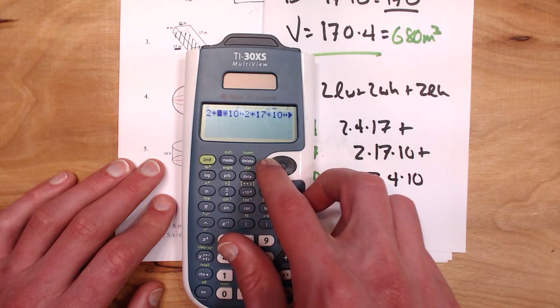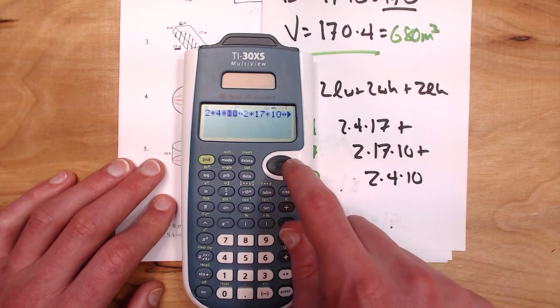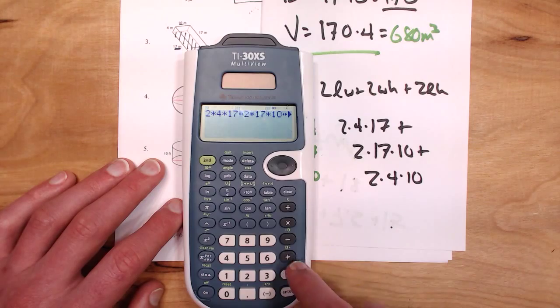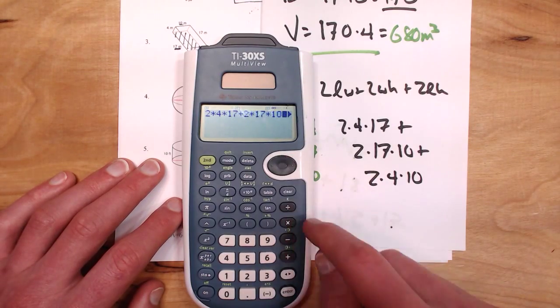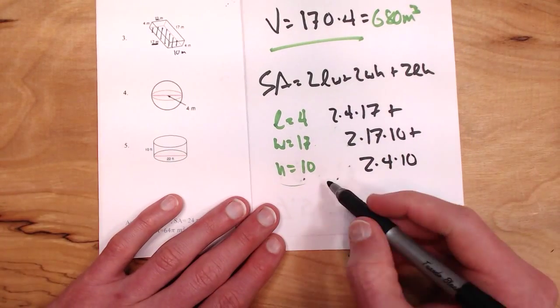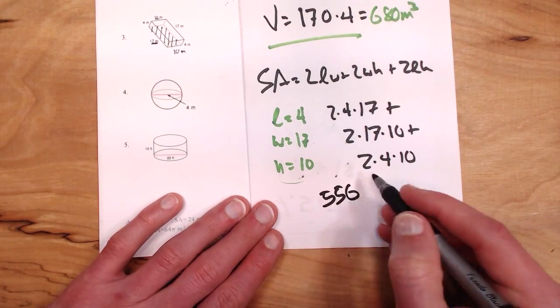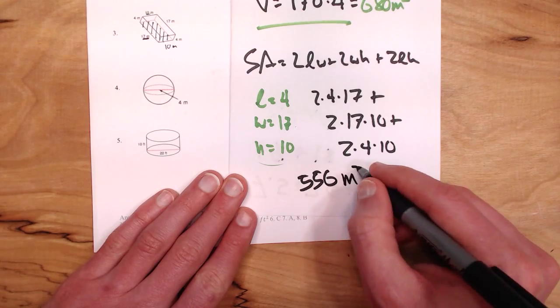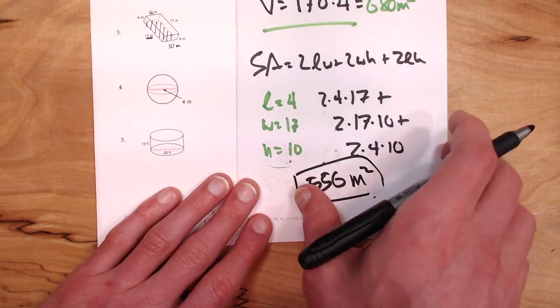That's not a good sign. Oh, I keep hitting that wrong button. Here we go. Oh, and I made a mistake at the beginning. All right, this should give me the right answer. 556. Great. So our area is 556, and it's an area, so it's going to be meters squared.